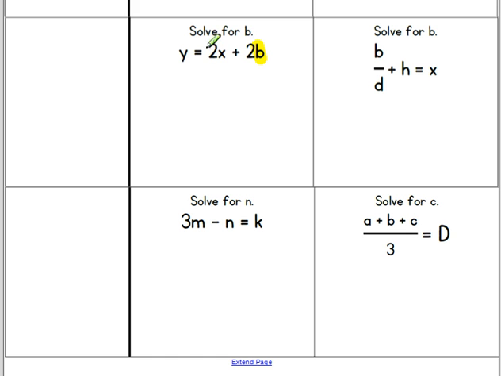Since this is a positive 2x, we would subtract 2x from both sides. Y minus 2x, those are not like terms, so we're going to leave them that way. So y minus 2x is set equal to, and it got rid of the 2x, but we're still left with 2b.